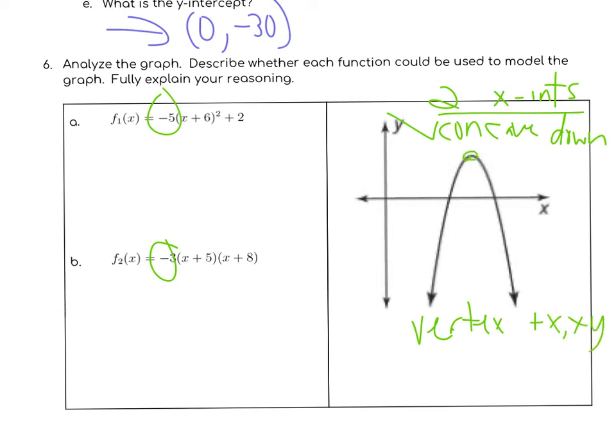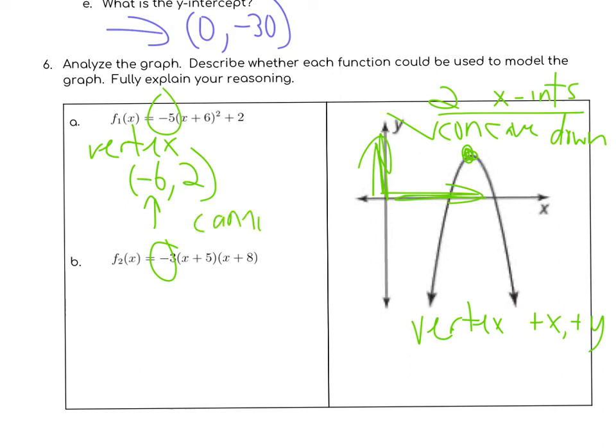How do I know that? Because up here, the x value is positive and the y value is positive. So positive x, that's supposed to be a positive y. So let's see, the vertex for this one is negative 6, 2. That is a negative x value, so that cannot be that graph.